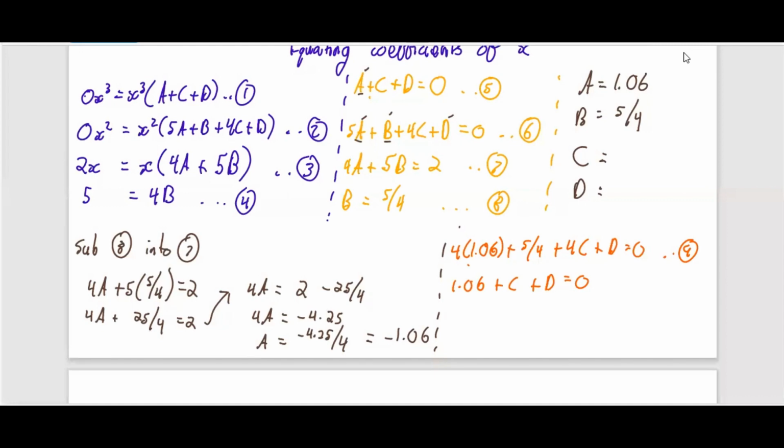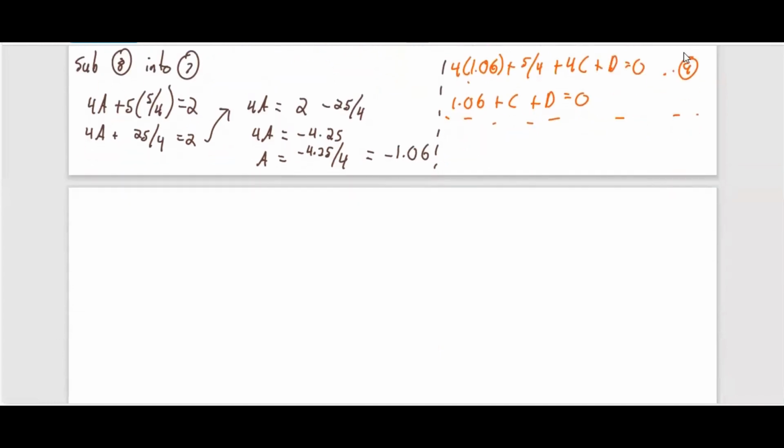So we have 4 by 1.06. So 4.24. So just put a little divide and we'll go on to the next piece of the screen now. So we'll have 4.24 plus 5 on 4 plus 4C plus D is equal to 0.